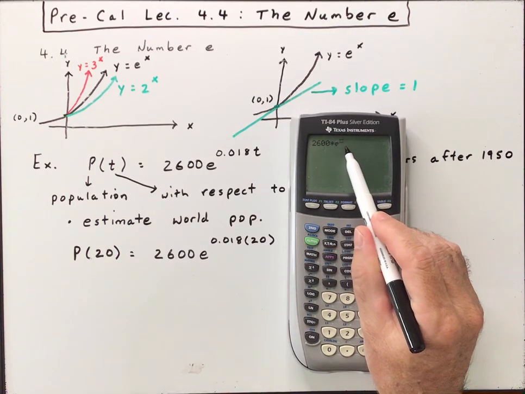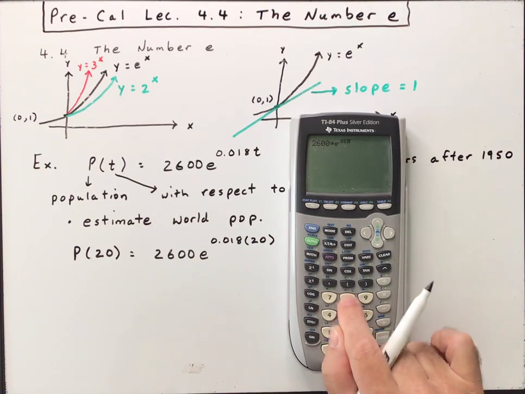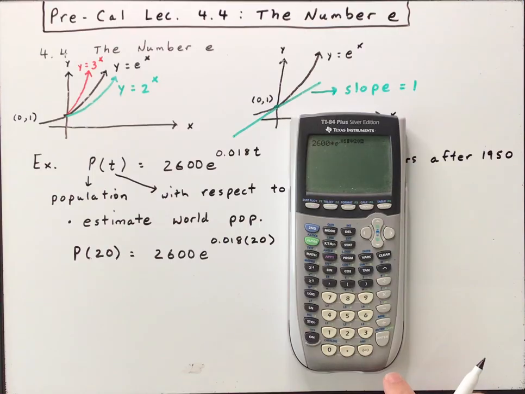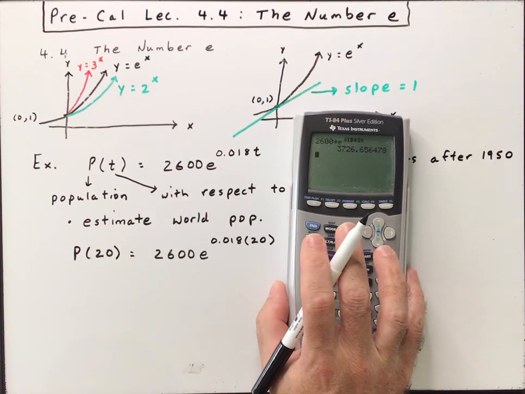And we're going to fill in the exponent. You let the calculator do the work for you. So you just type in 0.018 times 20. Okay, so all that's part of the exponent. We hit enter, and we get 3726.66.